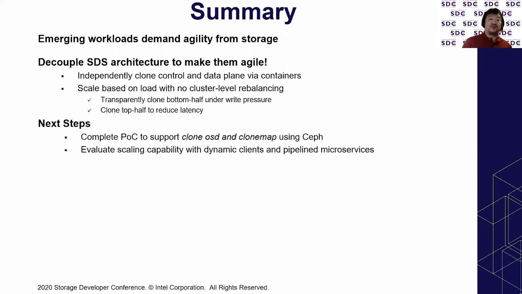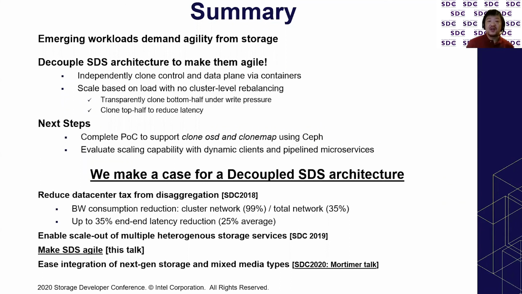For the next steps, we want to complete the POC to support clone OSD and clone map using Ceph. We also want to evaluate scaling capability with dynamic clients and pipeline microservices. For this talk, we want to call out that we make a case for a decoupled SDS architecture.